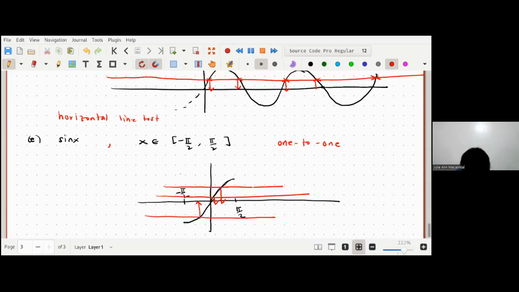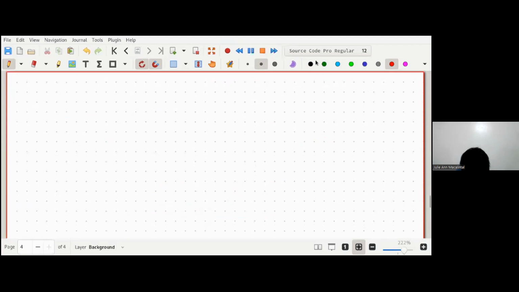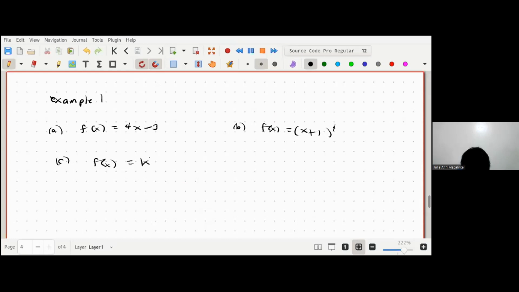Okay, so dito, yung example 1. So for example 1, may mga ano eh, pinapatest yung 4x minus 3, f of x equals x plus 1 to the 4th, f of x equals x, and f of x equals 3x plus 4 over x minus 2.